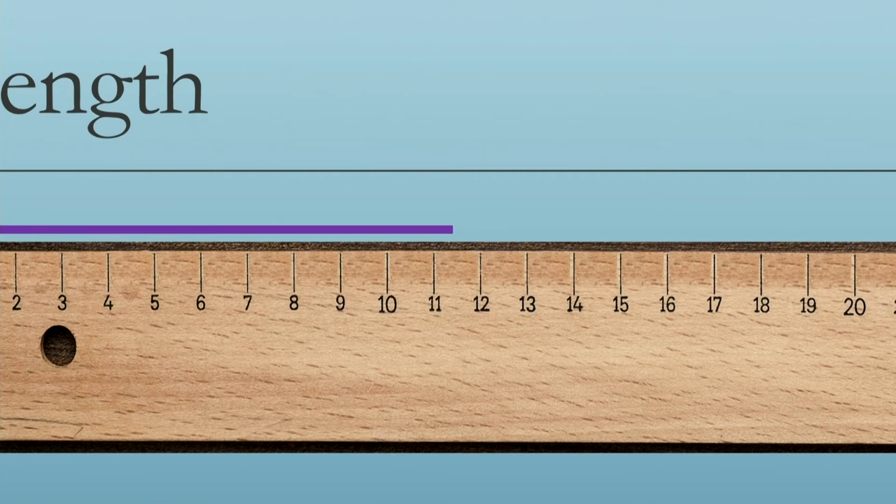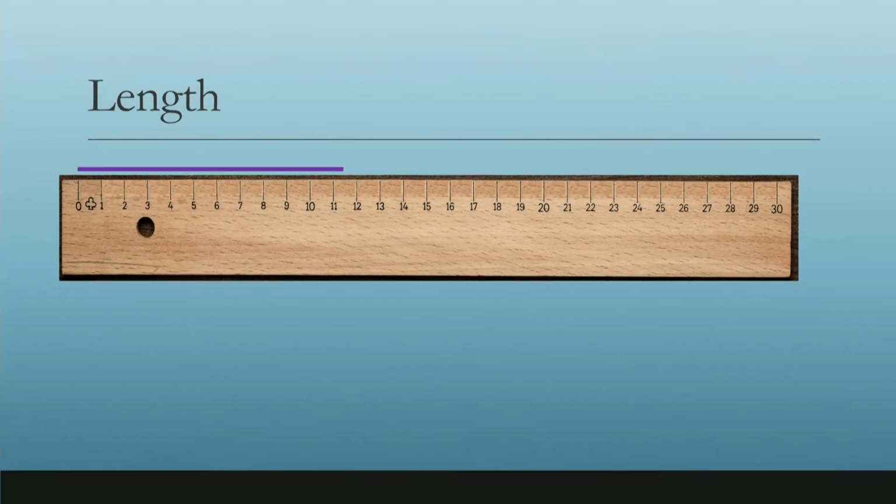So when we're making a measurement in terms of length, I am certain that it's greater than 11. I know that it's less than 12, but my ruler doesn't have any markings to tell me where exactly it falls between 11 and 12. So therefore, I have to make an estimate as to where the actual line falls between 11 and 12.